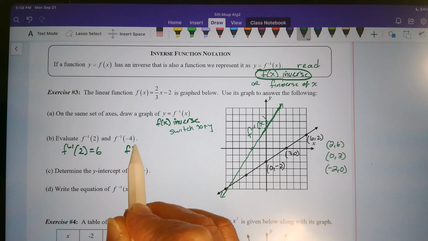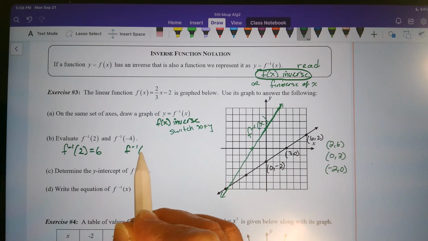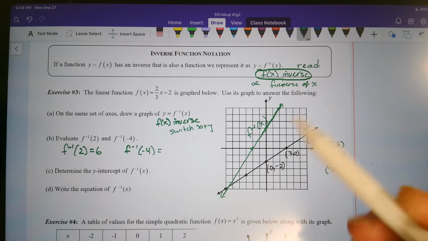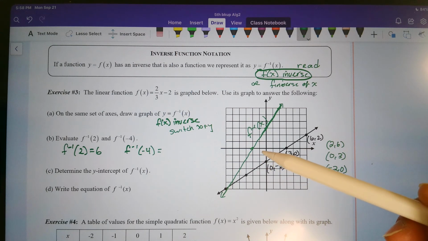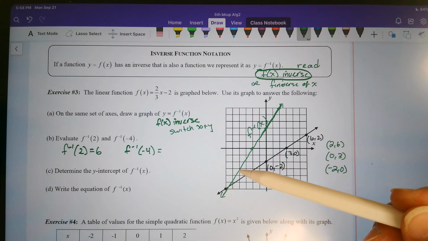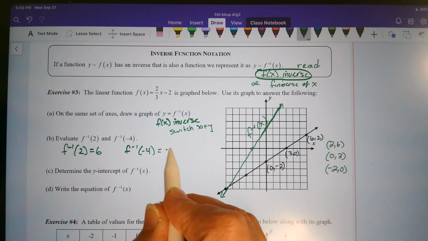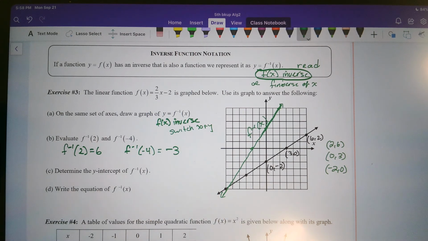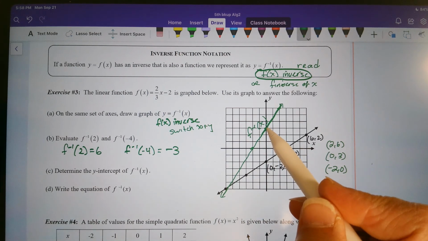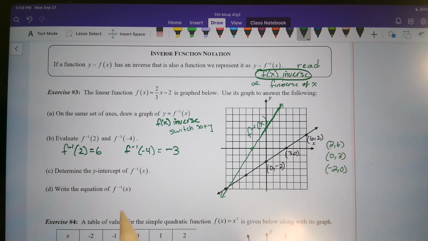And f of negative 4 inverse: my green line, an input of negative 4 has an output of negative 3. Determine the y-intercept of f of x inverse. The y-intercept is right here. It is 3.